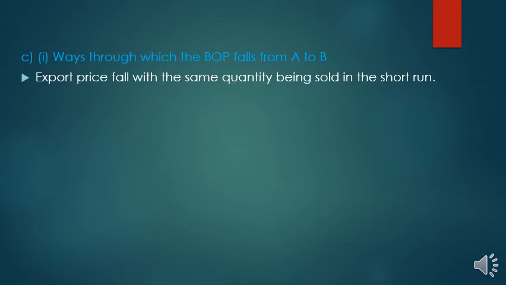Export price falls with the same quantity being sold in the short run. Devaluation causes export to be cheaper and import to be expensive. What do I mean? It causes prices of export to be cheaper.